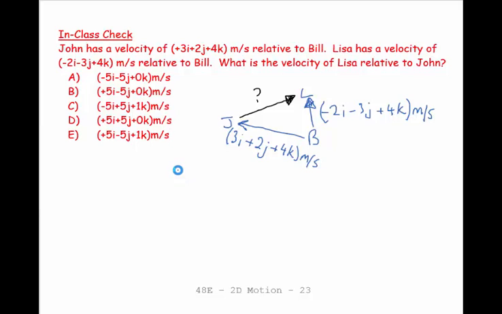It says the velocity of Lisa relative to John is equal to the velocity of Lisa relative to Bill plus the velocity of Bill relative to John.